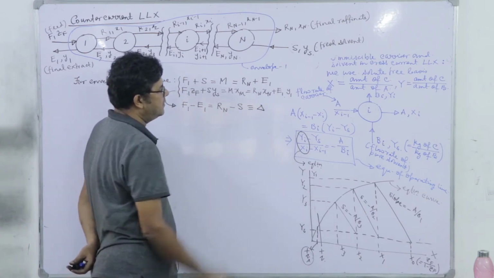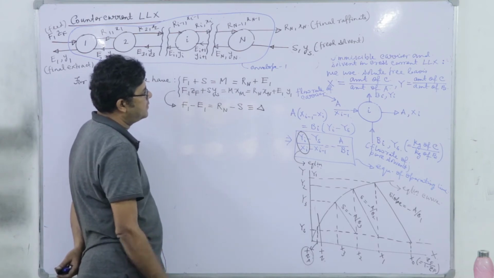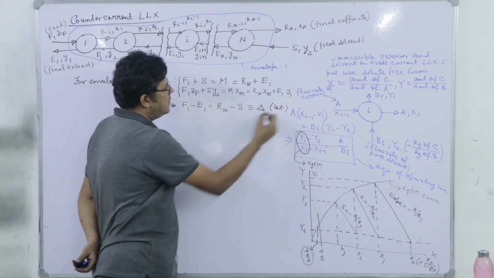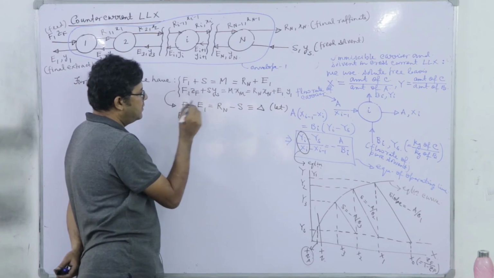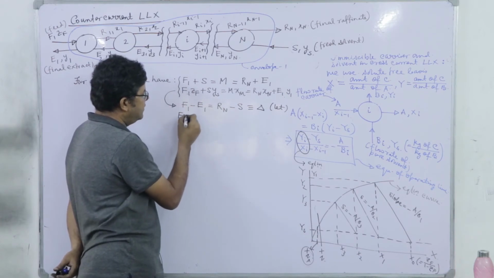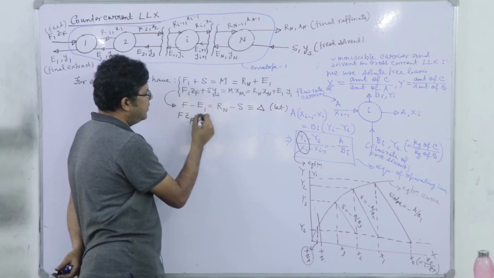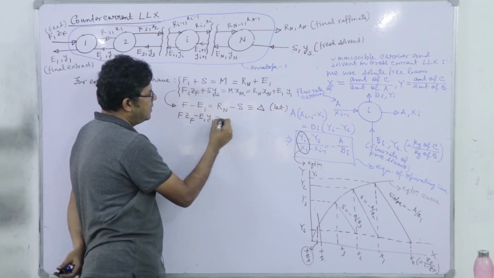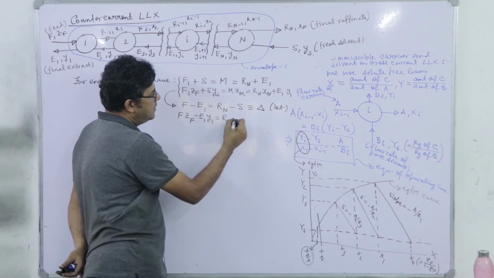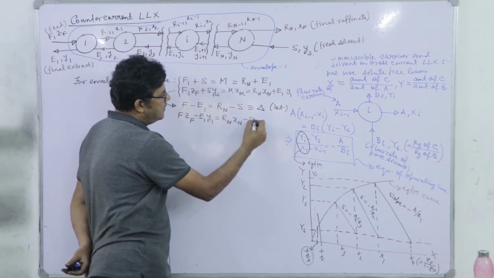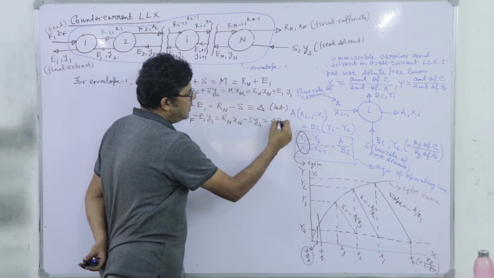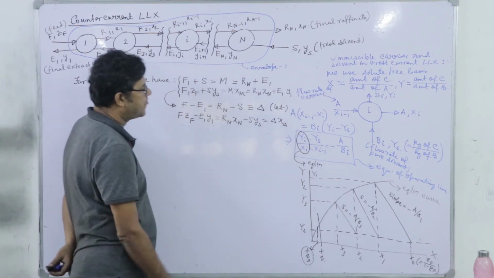Right, we are defining this as delta. And similarly, from this component balance, F ZF minus E1 Y1 equals Rn Xn minus S Ys, let us call it delta into X delta.